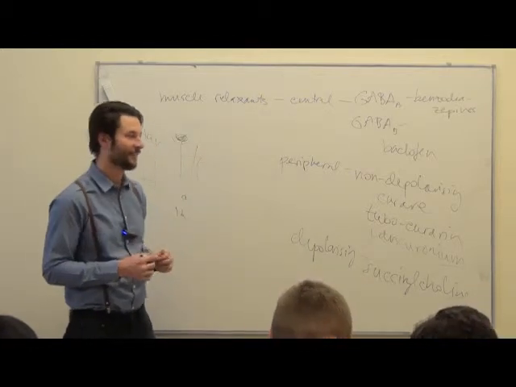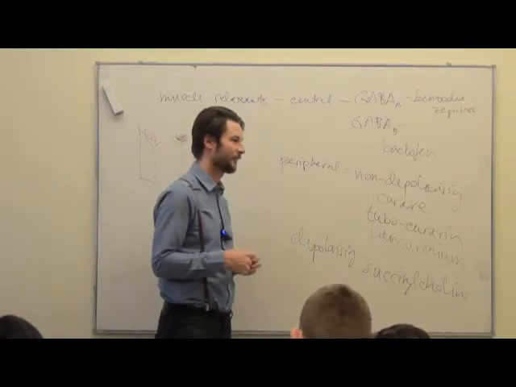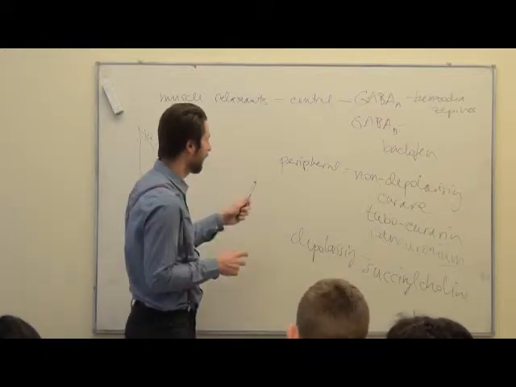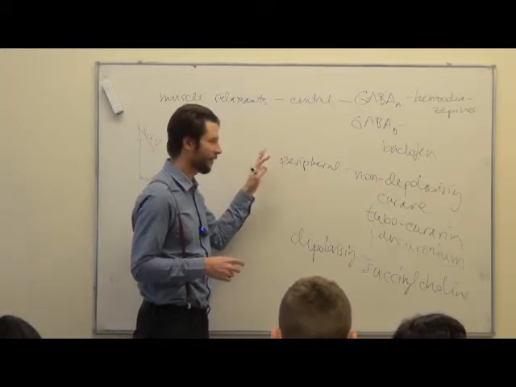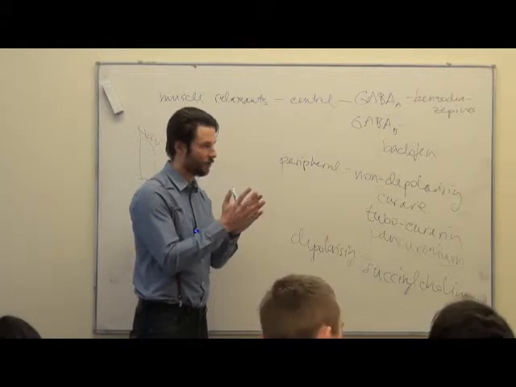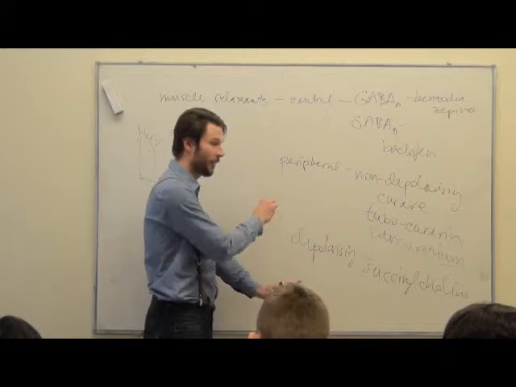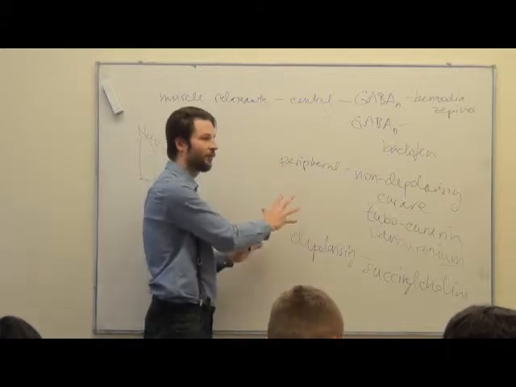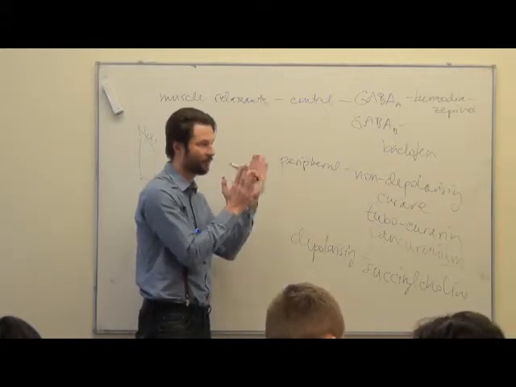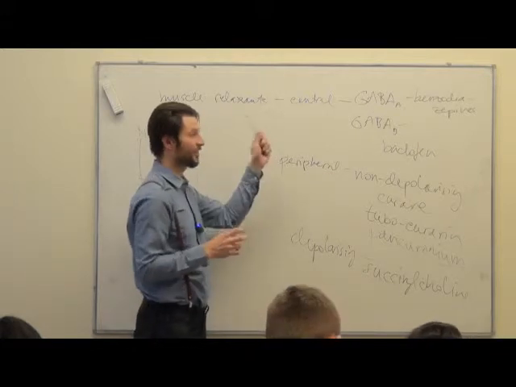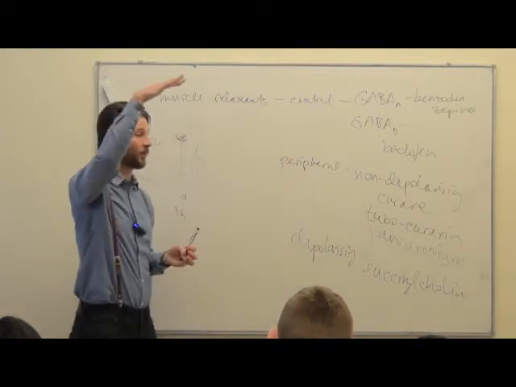Can you please explain the difference between the peripheral and the central? So the peripheral ones act on the neuromuscular junction, at the lowest level possible. These things influence the transmission of signal from the nerve to the muscle. The central ones act at the highest possible level.